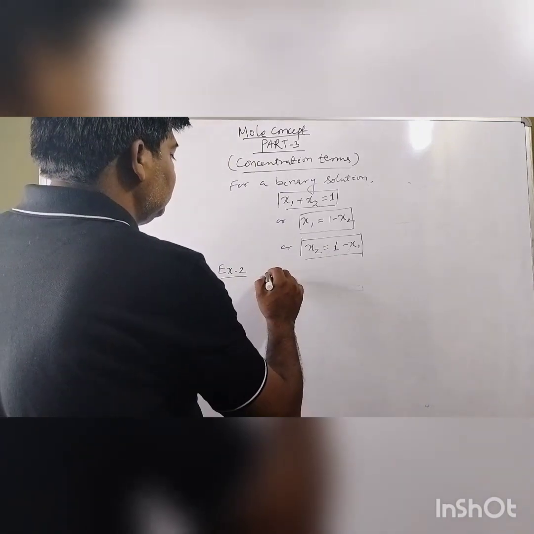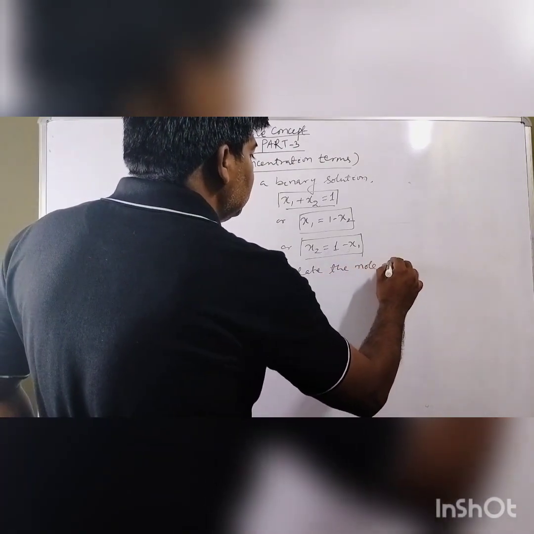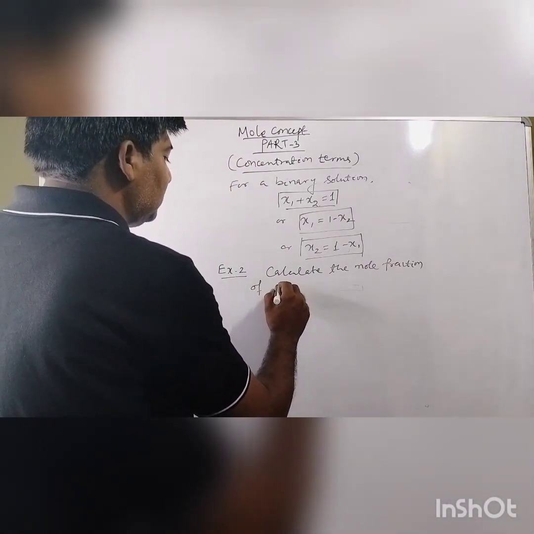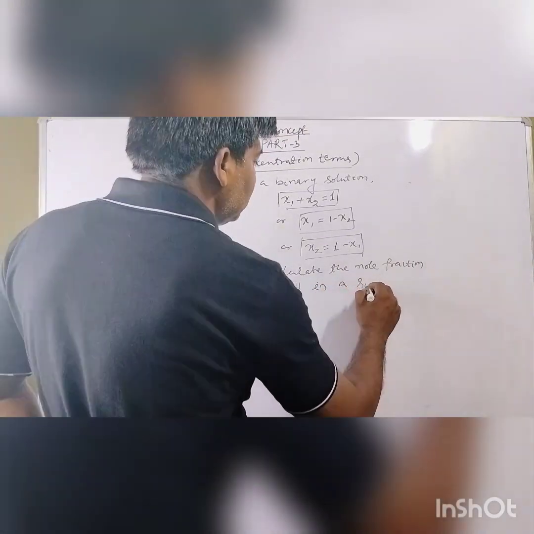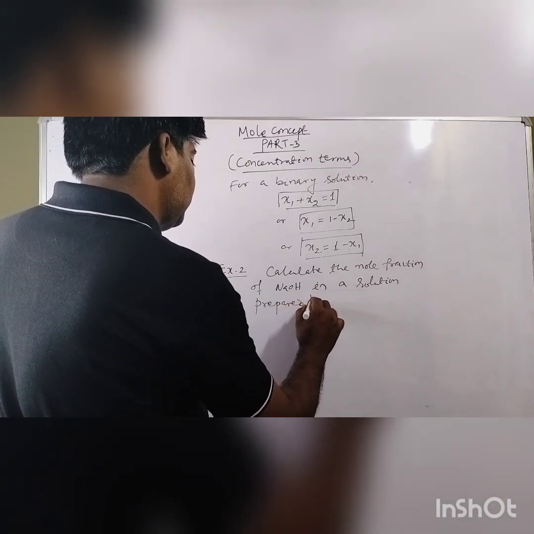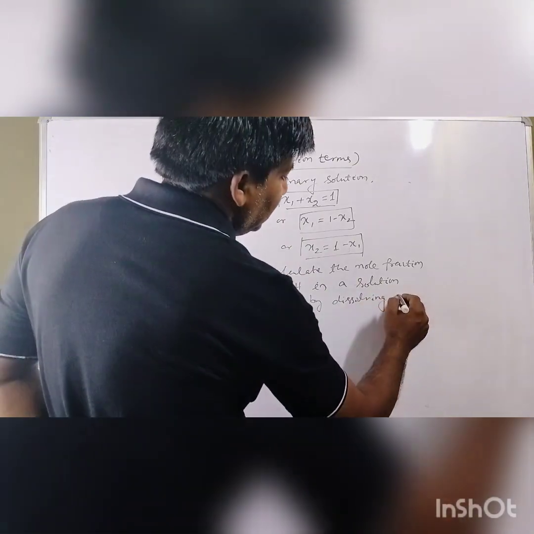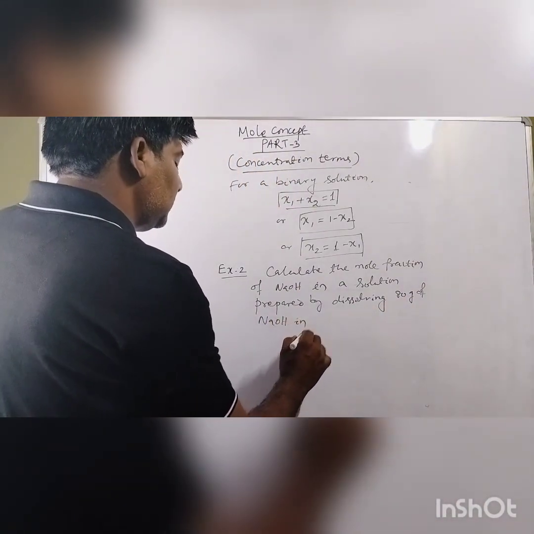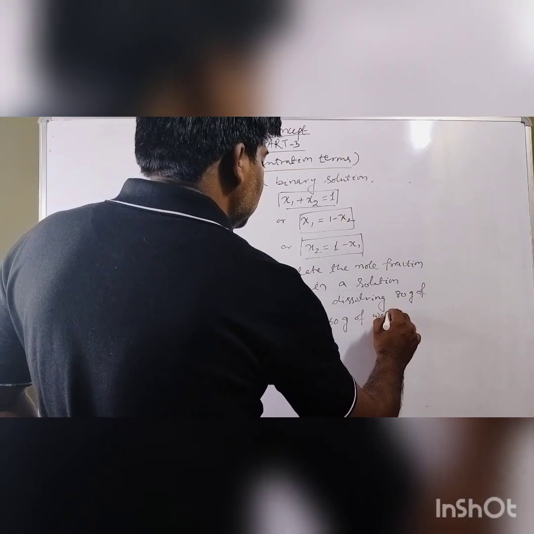Calculate the mole fraction of sodium hydroxide NaOH in a solution prepared by dissolving 80 grams of NaOH in 360 grams of water.